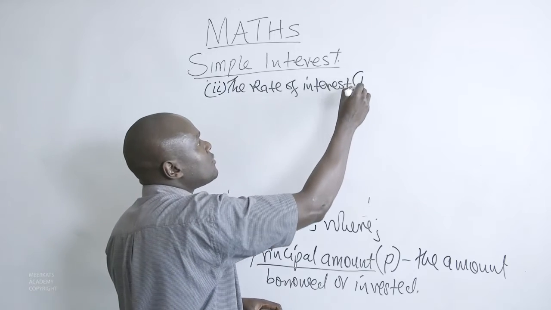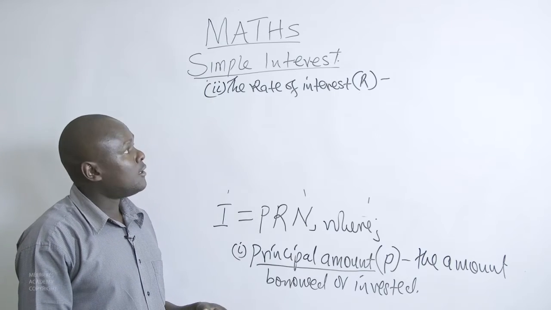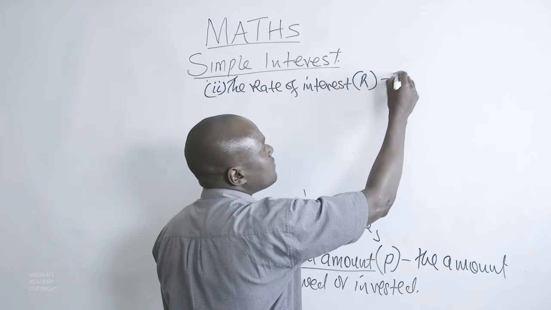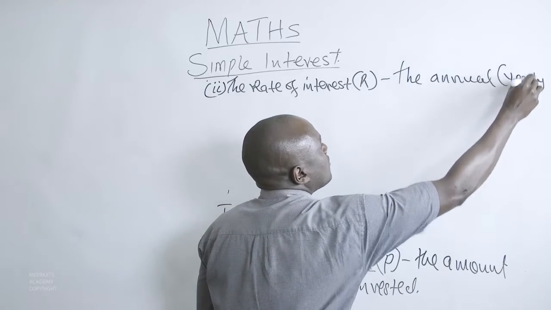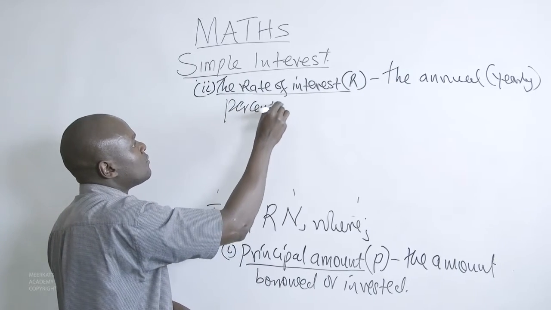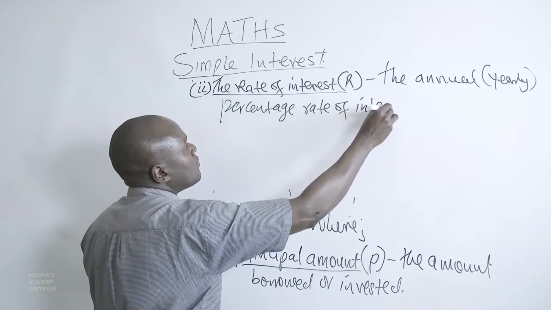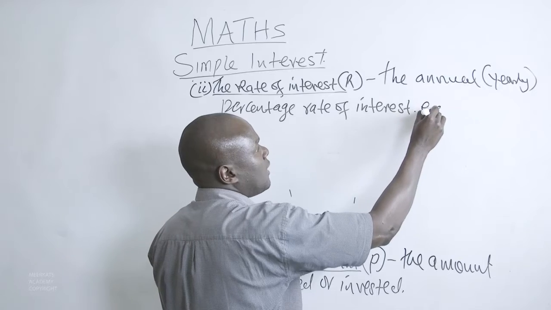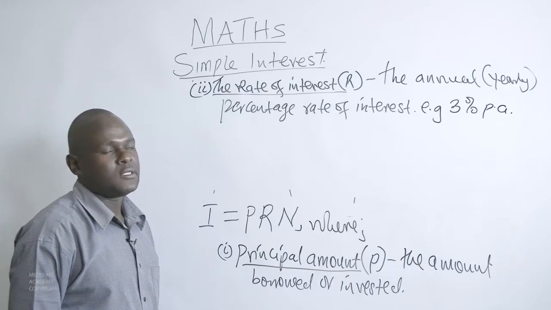The rate of interest is denoted by the letter R. And this is the annual percentage rate of interest, and you can have an example of such a rate as 3% per annum.